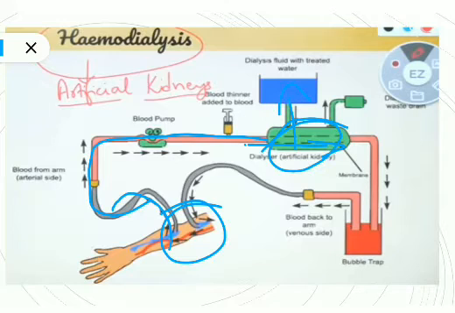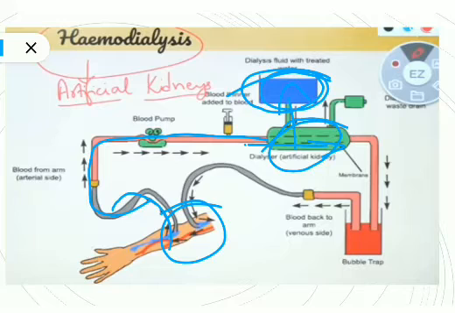So what is this dialysis fluid actually? It is the same as blood, only the urea will not be there in this dialysis fluid. The contents are the same as blood.